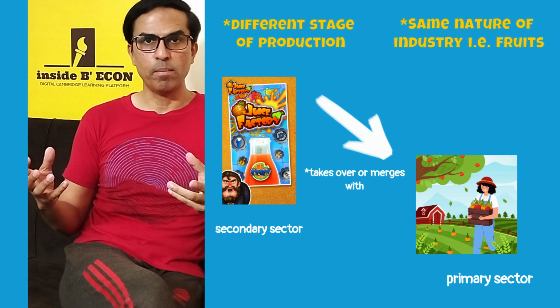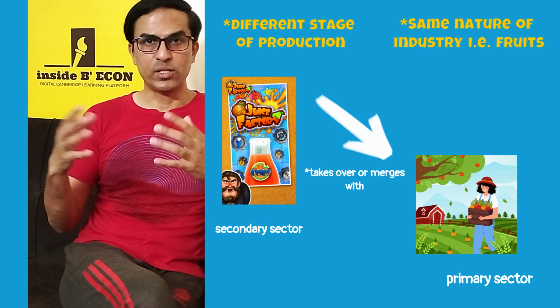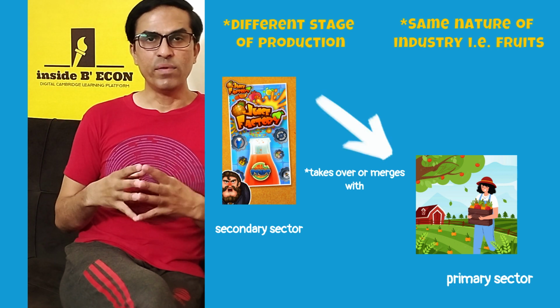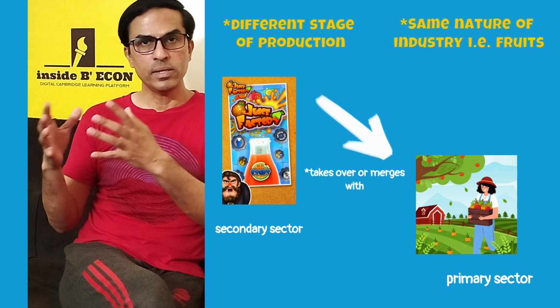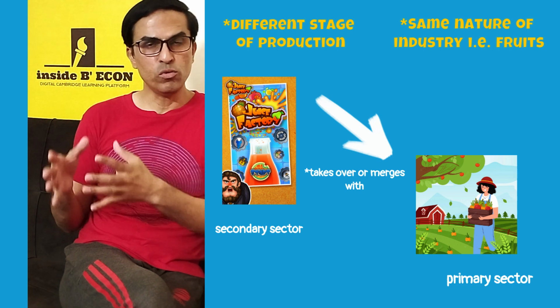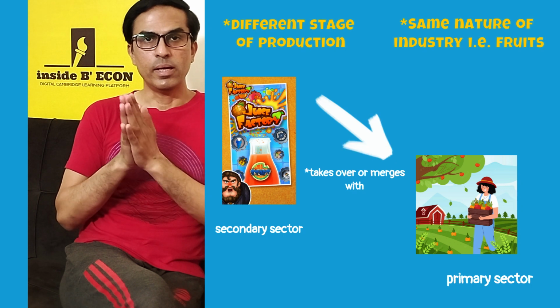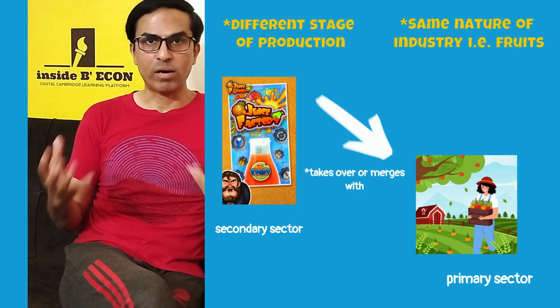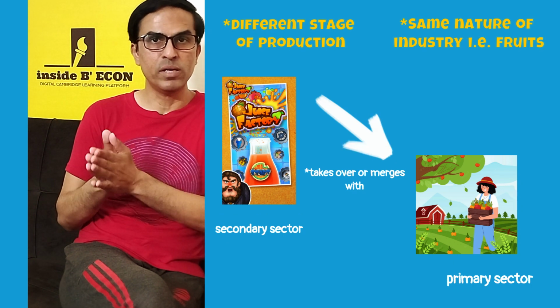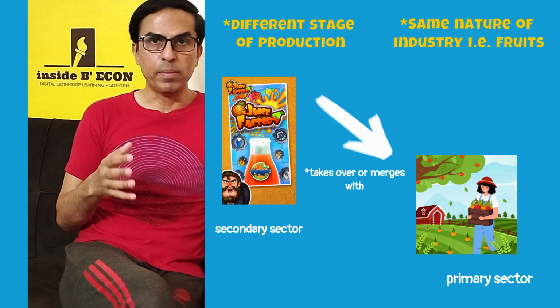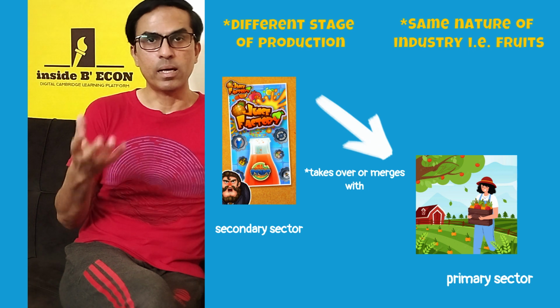They deal in the same product, but their stage of production is different. The fruit farm is in the primary sector, whereas the juice factory is in the secondary sector. So when the juice factory takes over a fruit farm, it will be called backward vertical integration, because it is merging with another business at an earlier stage of production, because the primary sector comes first and then comes the secondary sector.